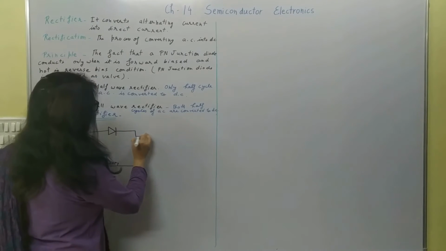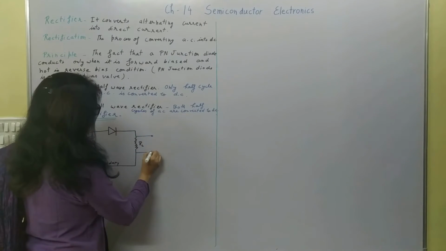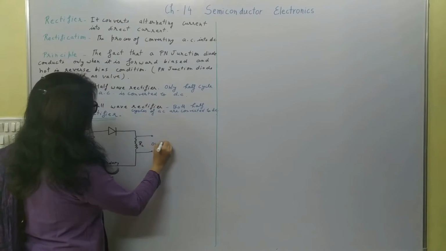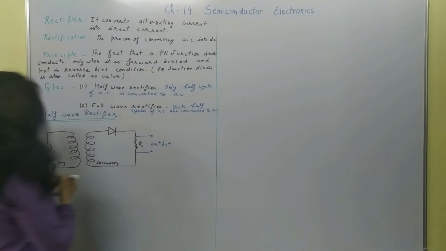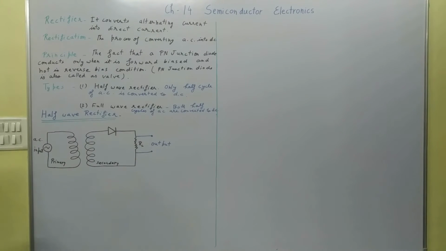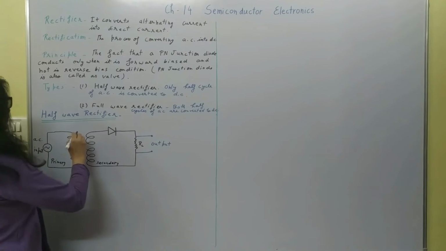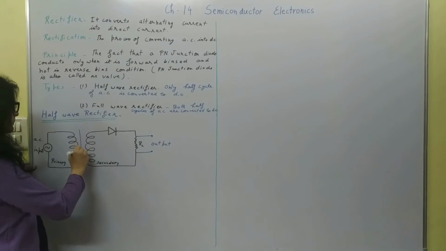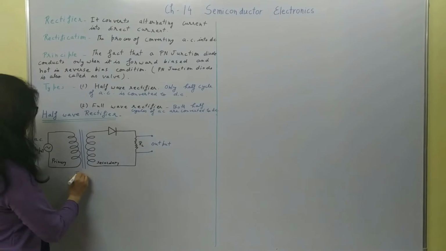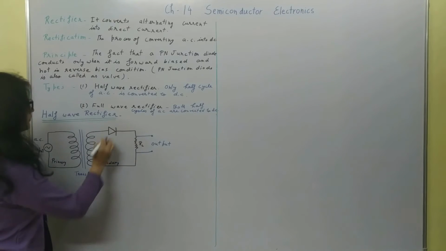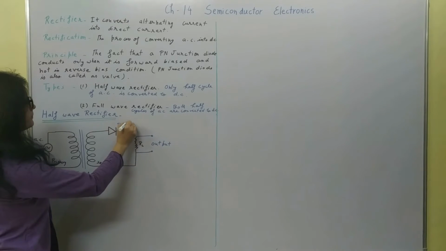So this is the circuit diagram, and this is the transformer. This is the PN junction.